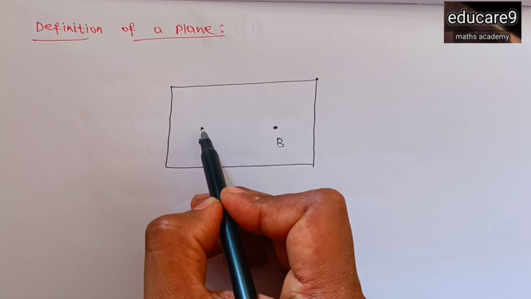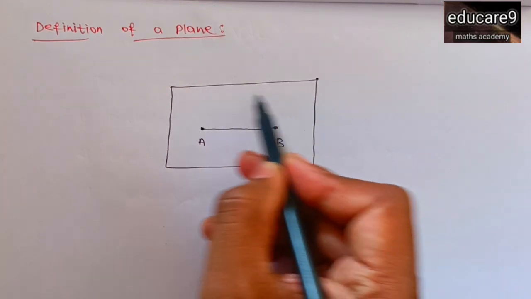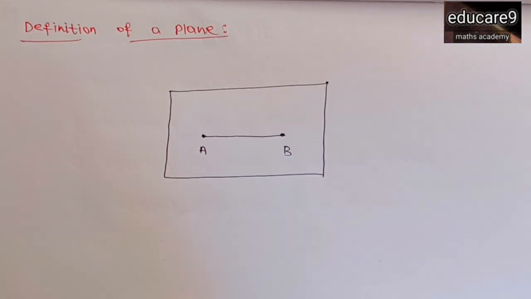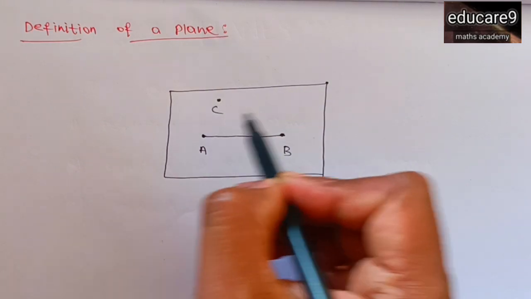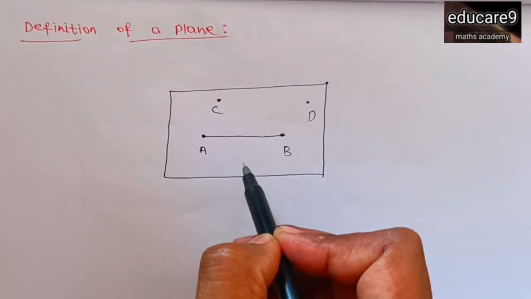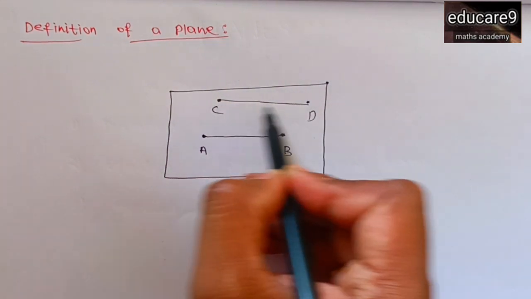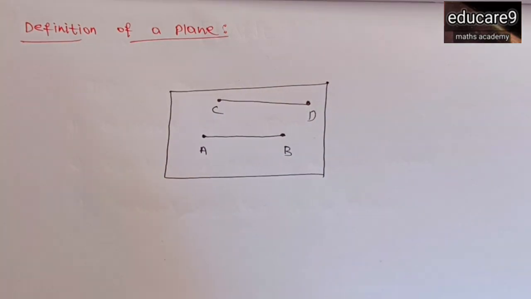For example, if you consider any other 2 points, C and D, the line joining C and D also lies entirely on the same surface. Then it represents a plane.